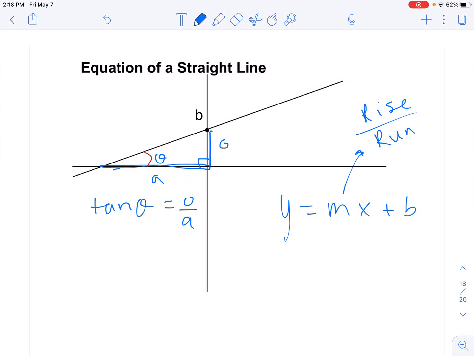So the tangent of the angle is going to be your slope. So a new equation for this can be tangent of theta times x plus b, and b is still your y-intercept.